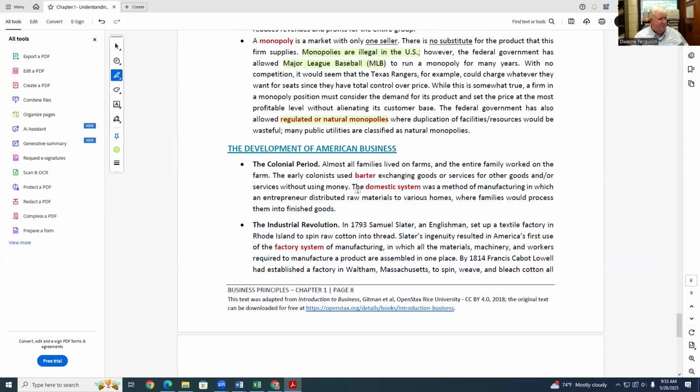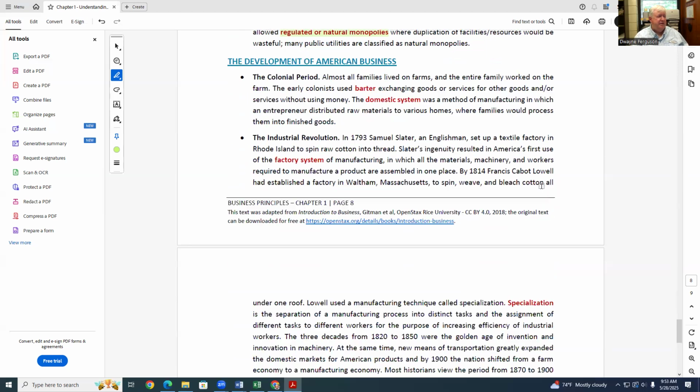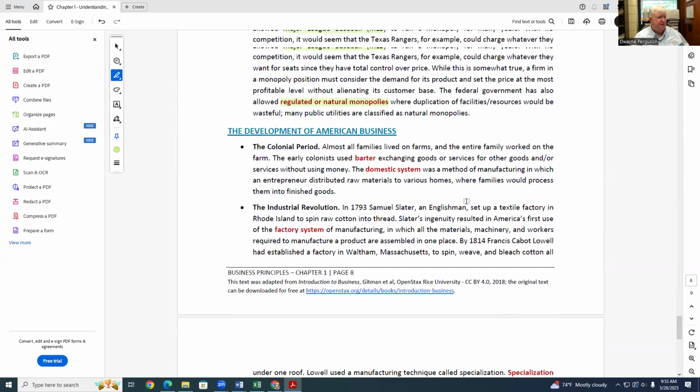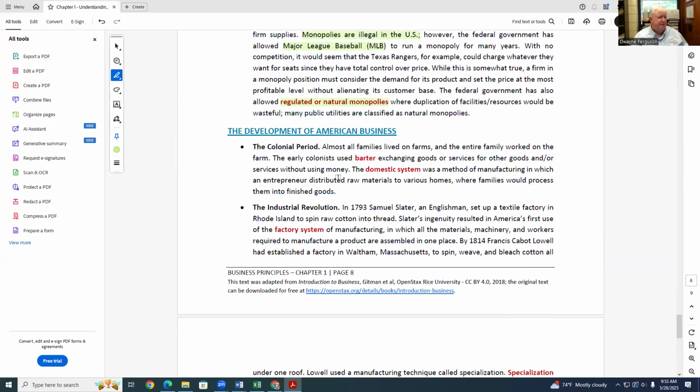And then at the end, I'm giving you a little rundown of the history of business in America. Definitely read through this. This is not all in the text. So go back and look at, or read through here about the colonial period and how people used to barter, exchange goods.